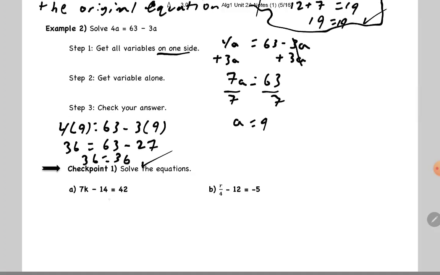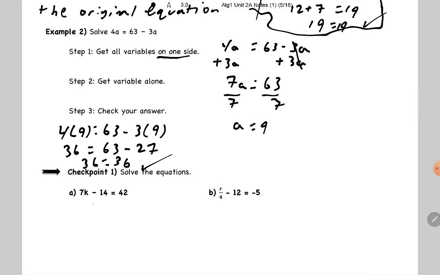Alright, here we go. 7k minus 14 equals 42. So I'm going to get rid of the stragglers, the not so close friends. 7k equals 56, and then divide by 7. k equals 8.